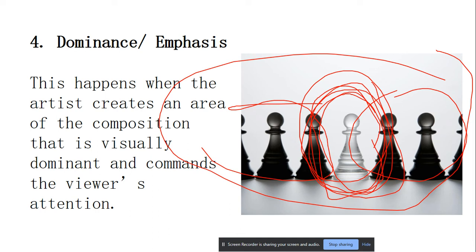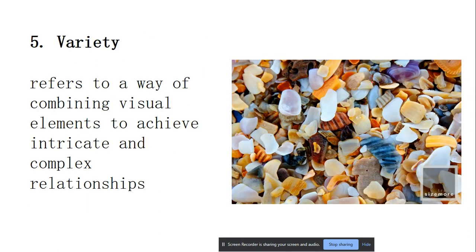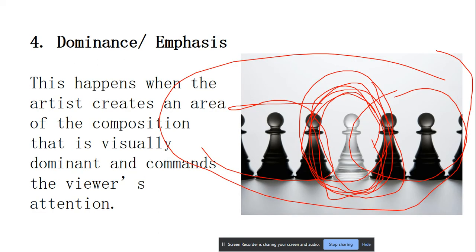Upon looking at that image, your attention would directly go to that white one, and that is the purpose of making it white, to create some emphasis. Okay, and in picture taking, sometimes we blur our background for ourselves or for a specific object on the picture to be given emphasis or dominance.